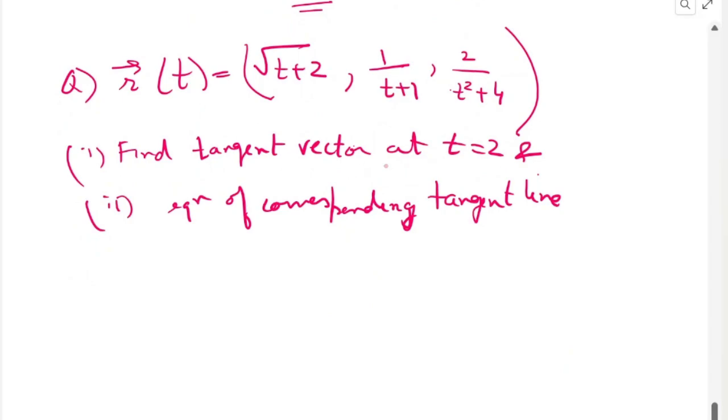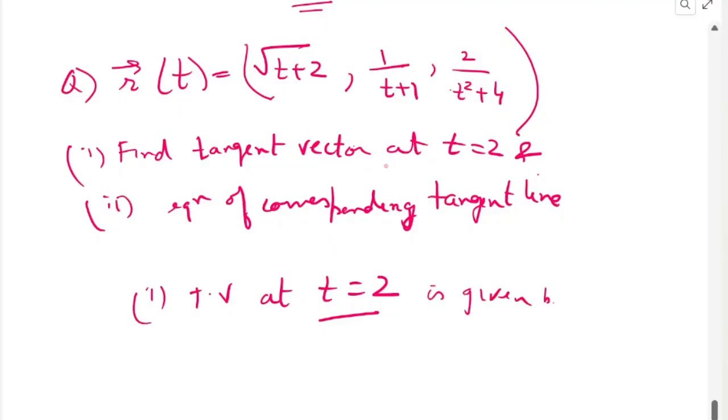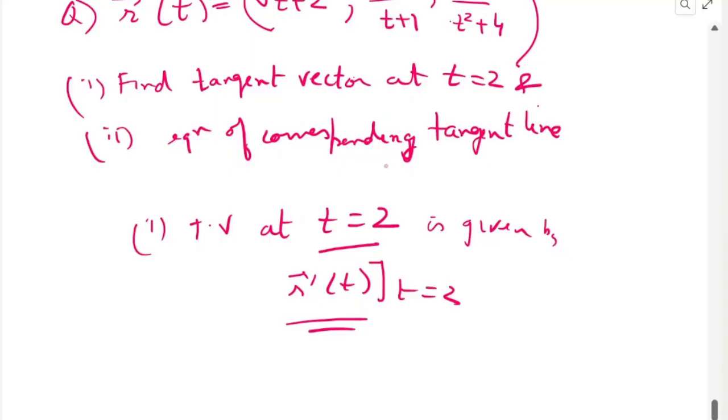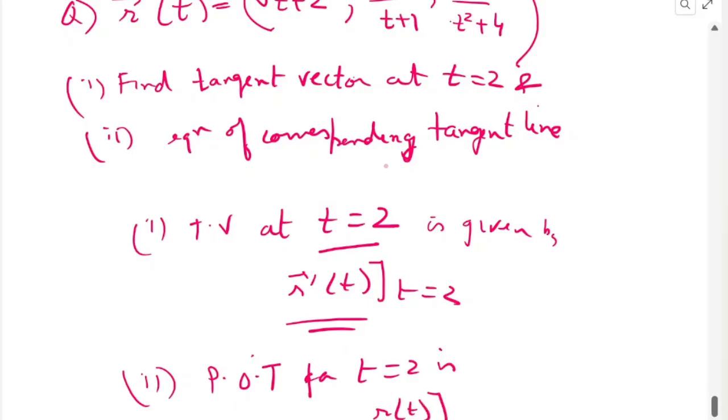For the first part, the tangent vector at t equals 2 is given by r dash t at t equals 2. So you can easily do it from here. For the second part, first we need to find the point of tangency because we need r0. So the point of tangency for t equals 2 is r(t) for t equals 2.